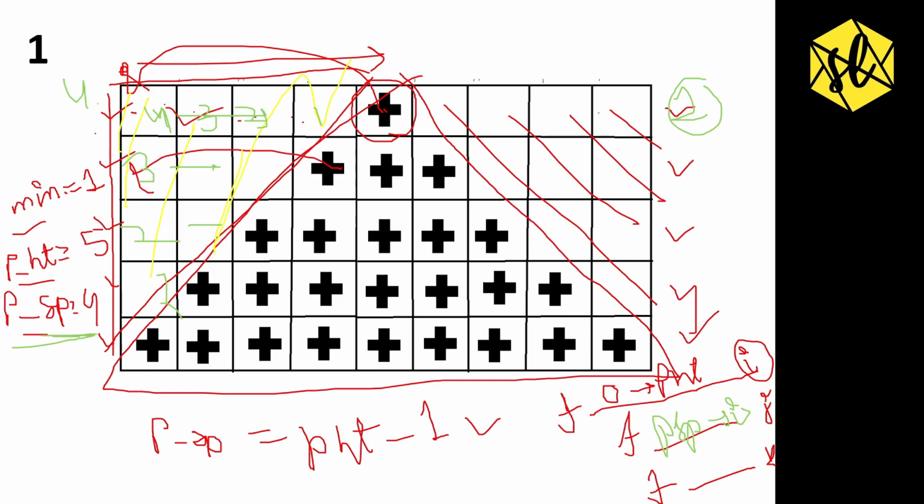Now, let us say the I value is 3. In this case, what will happen? Let us see that when the I value is 3, it is already said that the j loop will run from p space to the I value.